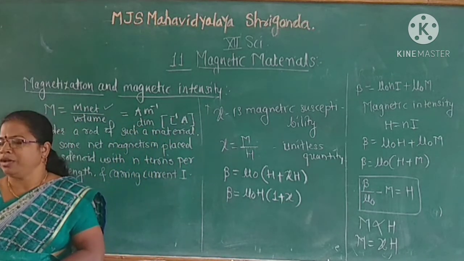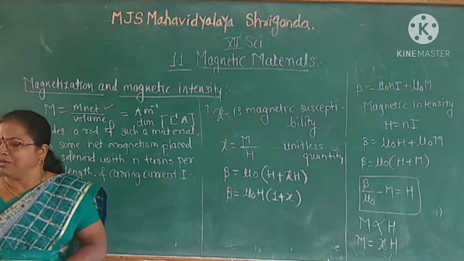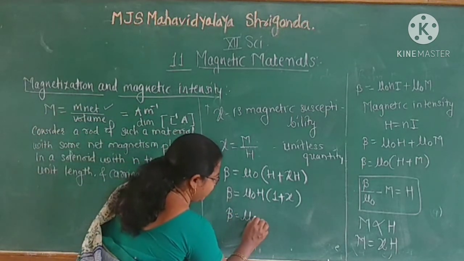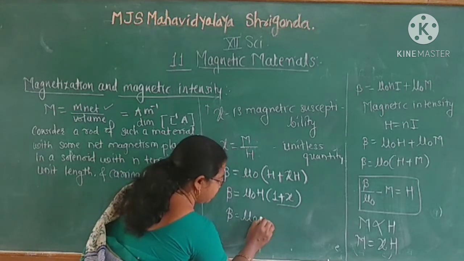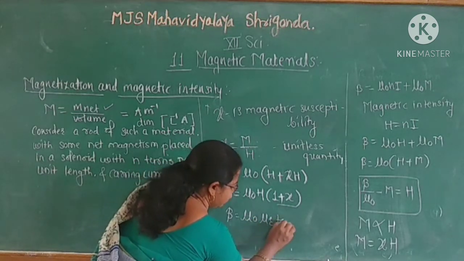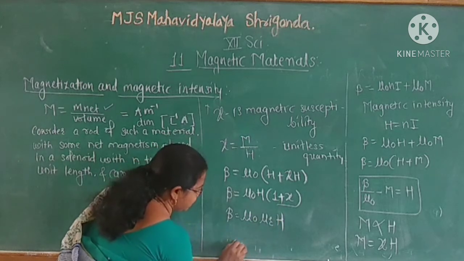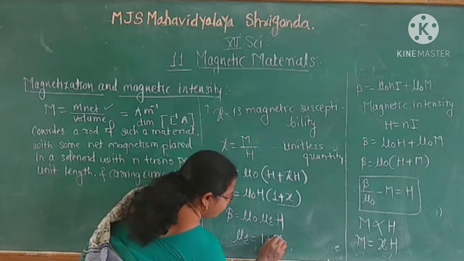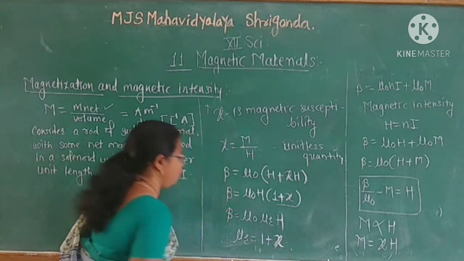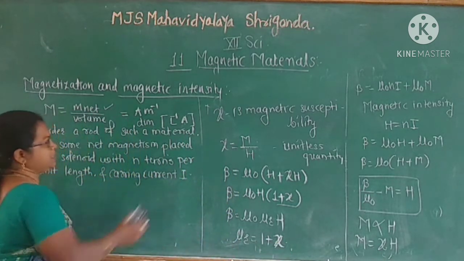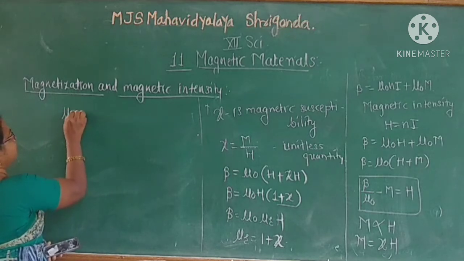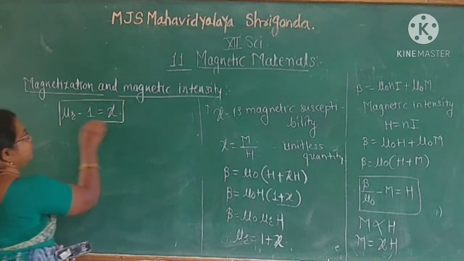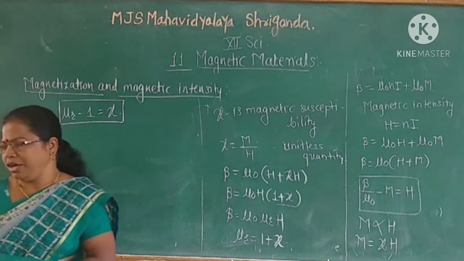This is one more equation. Now B is equal to mu naught mu r H, where mu r is equal to 1 plus Xi. Therefore mu r minus 1 is equal to Xi. One more new equation which we got here.